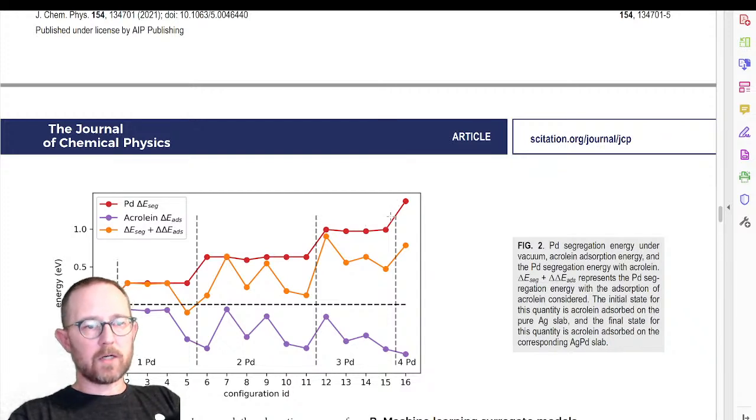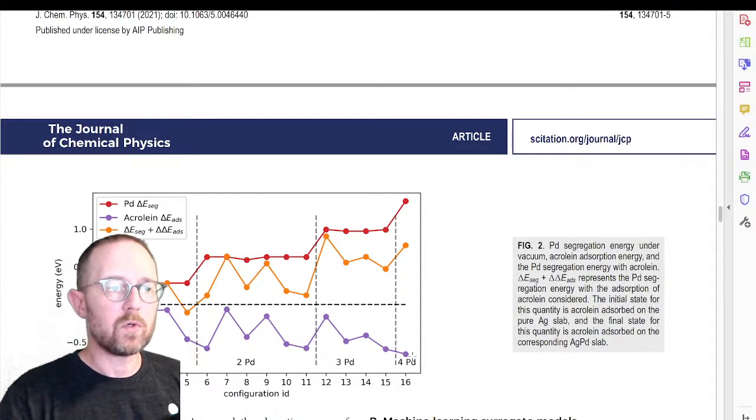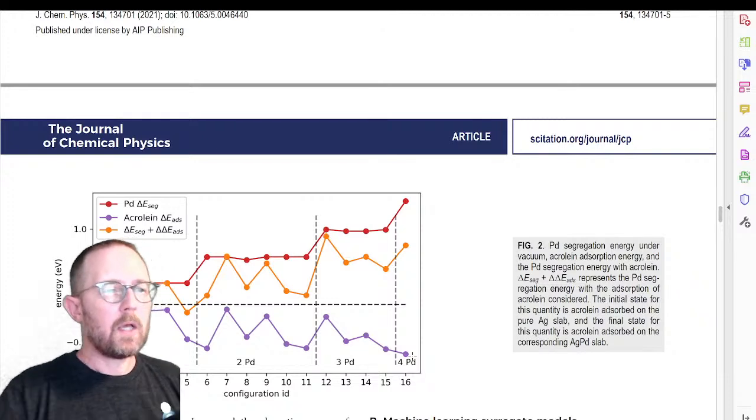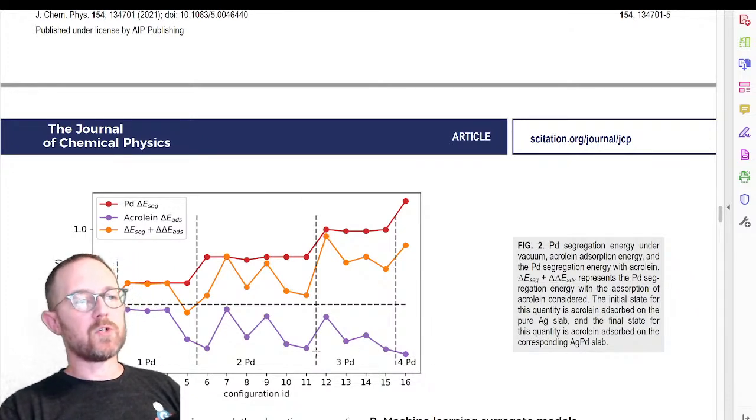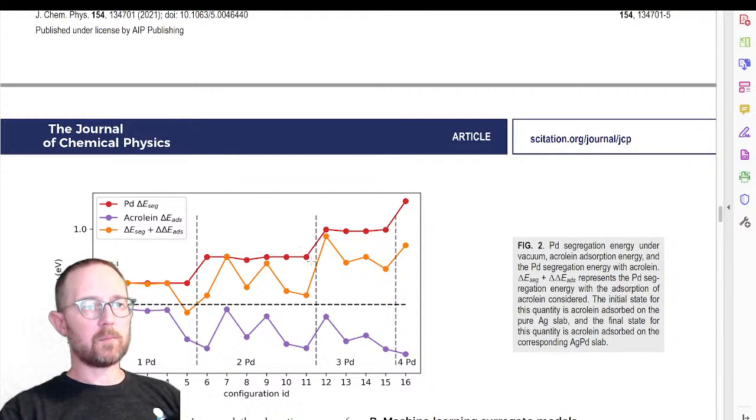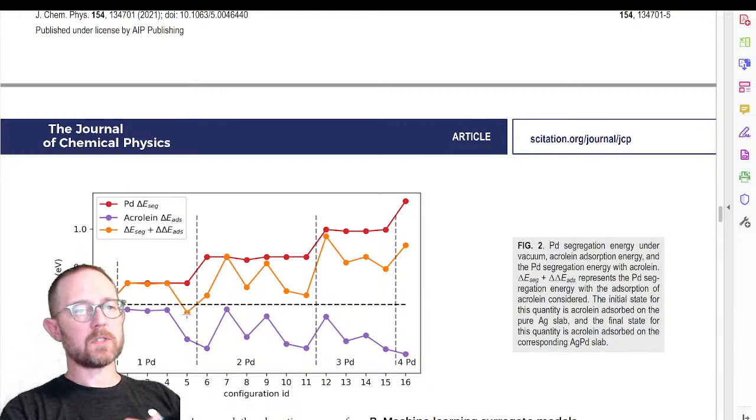Palladium has a higher surface energy, and it would much prefer to be in the bulk. And if we look at the absorption energy, it is always favorable. So acrolein always wants to sit on the surface, and the sum of these two things is what leads to adsorbate-induced segregation. For the most part, acrolein absorption is pretty weak, and so it does not offset the segregation energy, except for this one configuration where you see a little bit of stabilization.